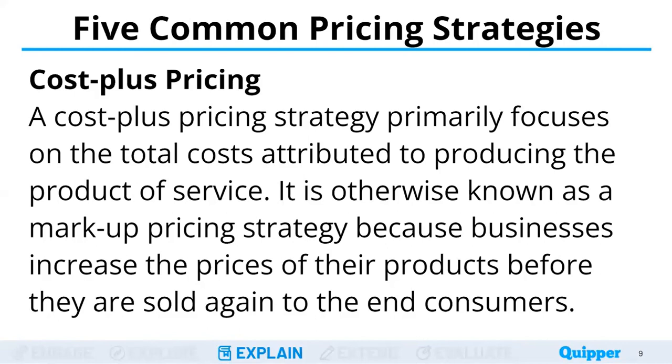So kapag na-total na natin yun, tapos na-divide na natin kung ilan yung number ng product na na-produce natin, then we'll get the cost per product. Then, saka natin siya i-increase, so parang nalagyan na natin ng tubo. Okay? So, maganda siyang way.